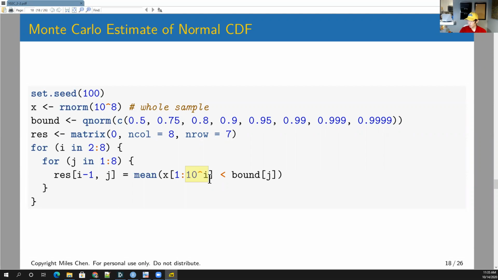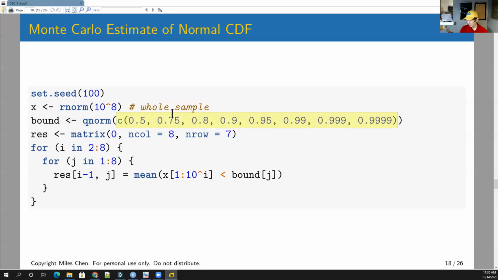So we're going to see how our estimates improve by powers of 10: 100 random values, 1,000, 10,000, 100,000, a million, 10 million, or 100 million random values.